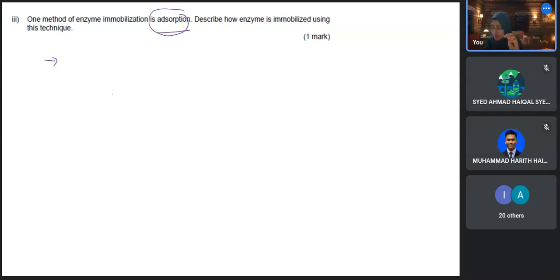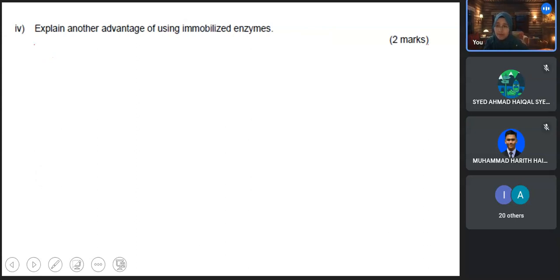Okay, so 1 mark lah kan. So it involve the formation of weak bonds such as hydrogen bond between the enzyme and the inert support, or the resin ataupun silica gel alginate. Okay, so that is adsorption. It involves formation of weak bonds between enzyme and the support.